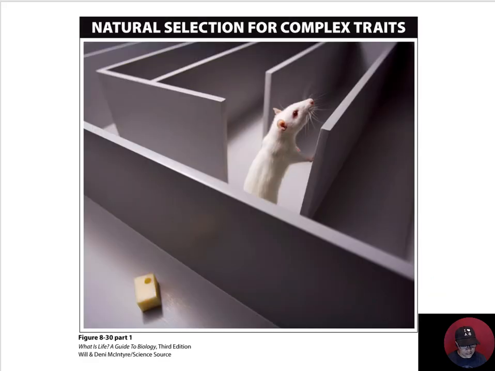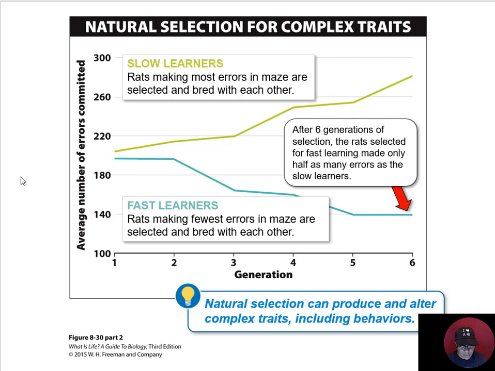And so the next question is, well, is there natural selection for complex traits like behavior, intelligence, etc.? Well, in other organisms, there are. So here is a study that was done with rats, and here's the average on our Y, the average number of errors that were committed by the rat in a maze, and these are the different generations, right, on the X. So here's what they did.